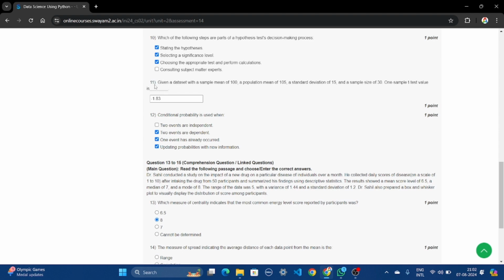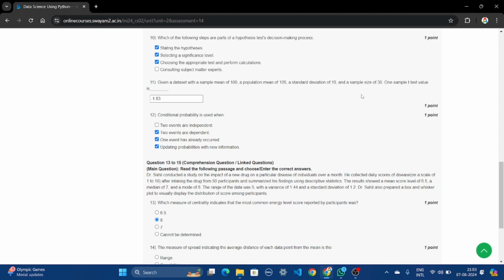Moving to 11th question, given a dataset with a sample mean of 100 which is small m and a population mean of 105 which is mu, a standard deviation of 15 which is s and a sample size of 30 which is n. So we have to find one sample t-test value.